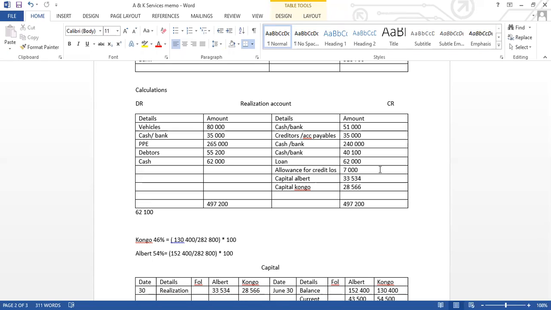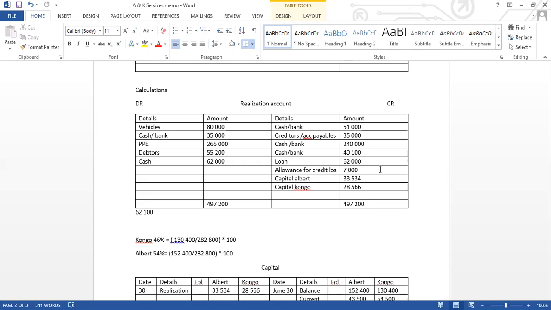And if there are liabilities, we record them on the credit side of the realization account, and the payments done to them are debited on the realization account. And to close off the realization account, we close it off to the capital amounts which is owed to the partners.